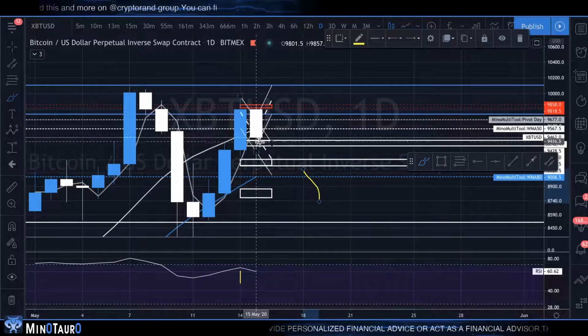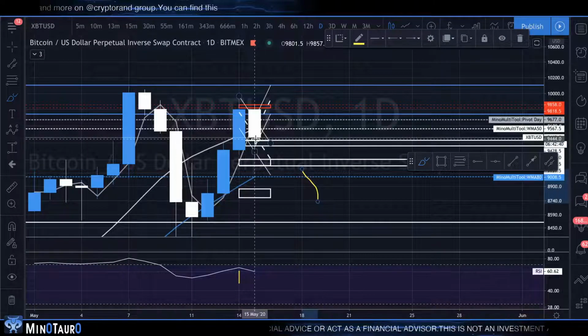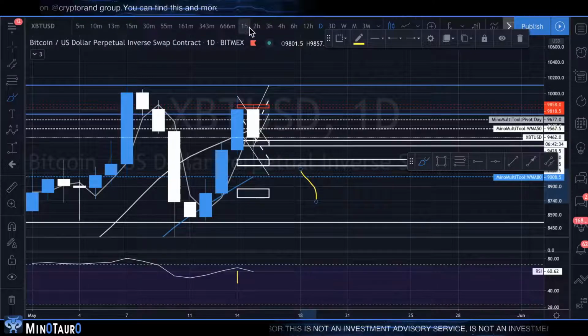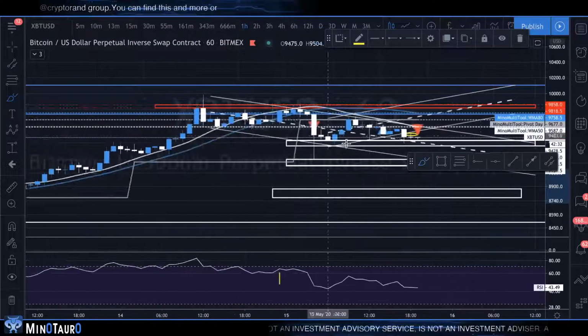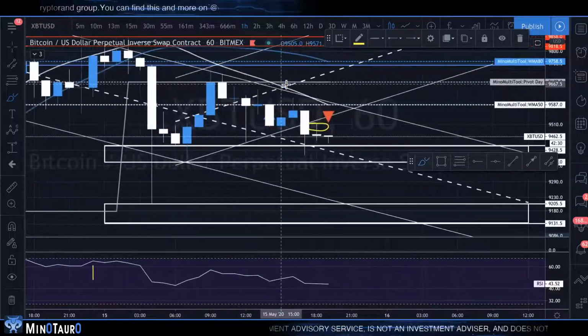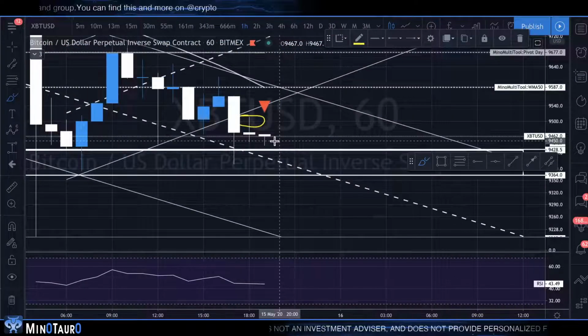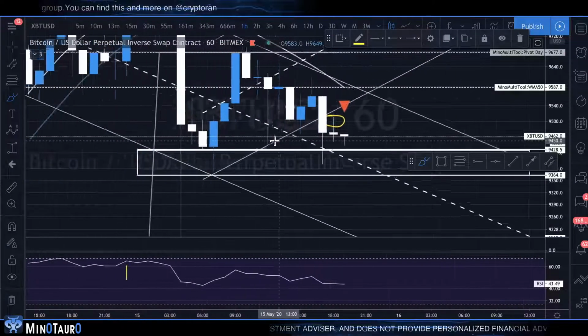So we want to see how the daily closes, if it is engulfed or not. Okay, if it's not engulfed, it can even turn up. Instead, if it's engulfed, then we're gonna probably go back to the 261 zone, understanding that we have 3 steps.